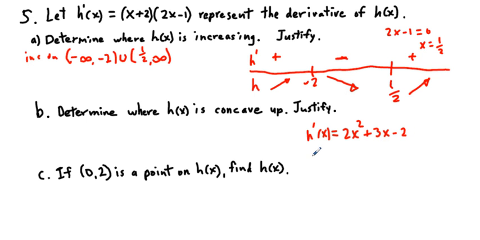So that's h prime of x. So h double prime of x is going to be 4x plus 3.